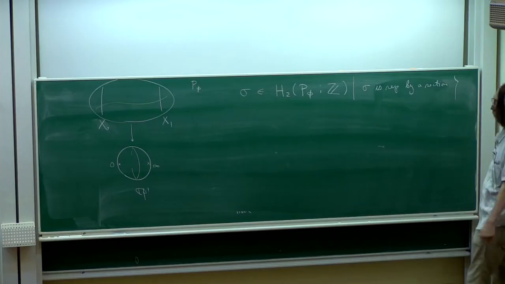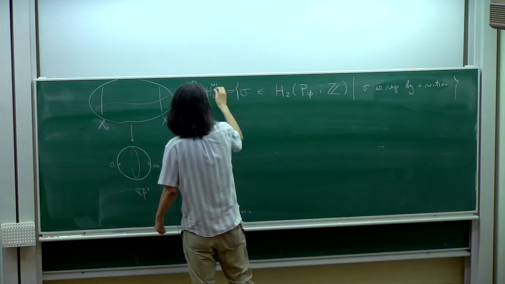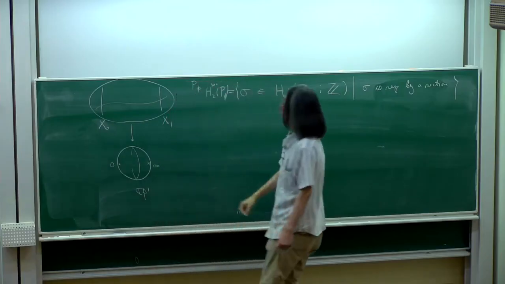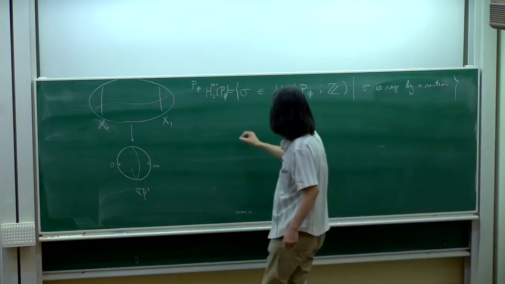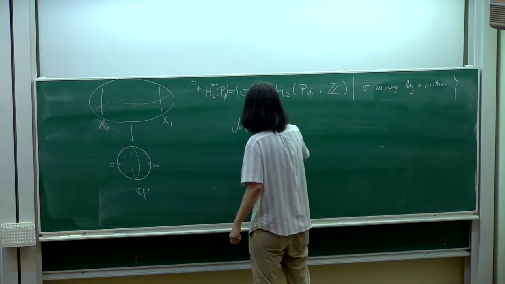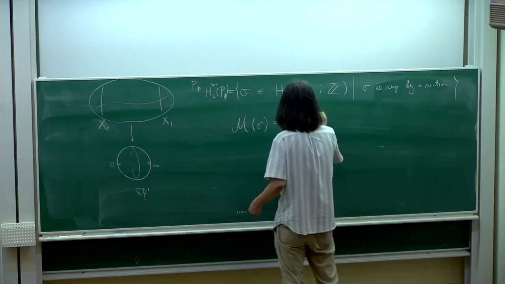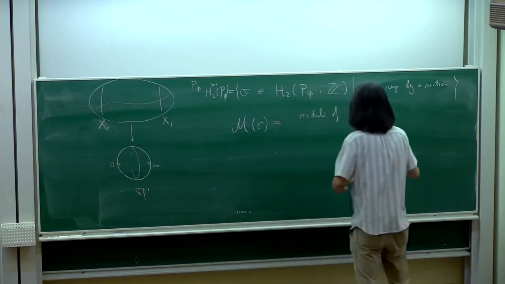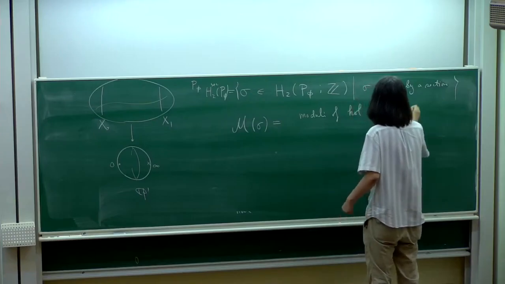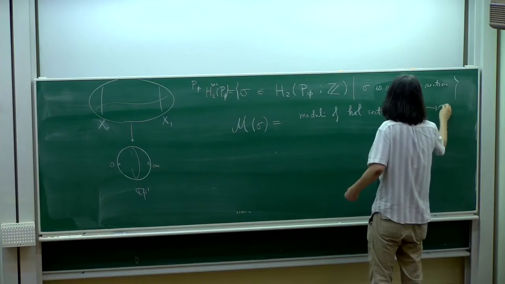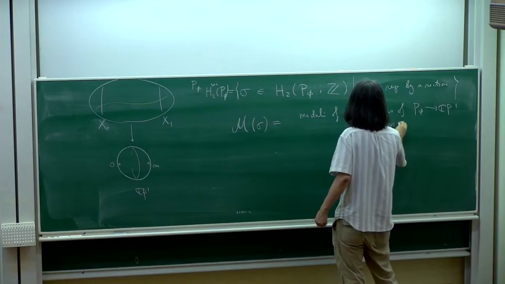Okay, you have this. And then I denote it by, say, H_2 section class of P phi. Okay? And then for each sigma, we can consider the moduli space M of sigma, right? So this is a kind of moduli of holomorphic sections of this P phi over P1 representing class sigma.